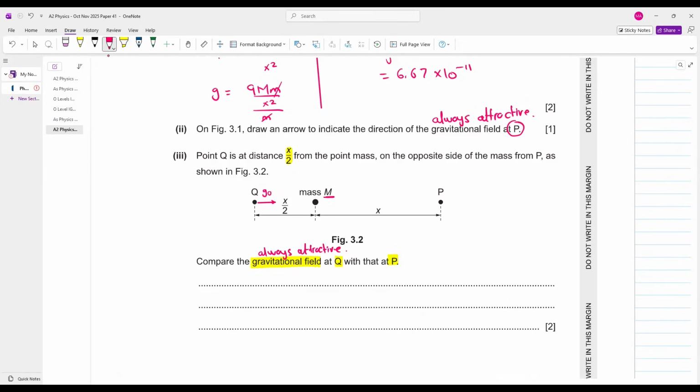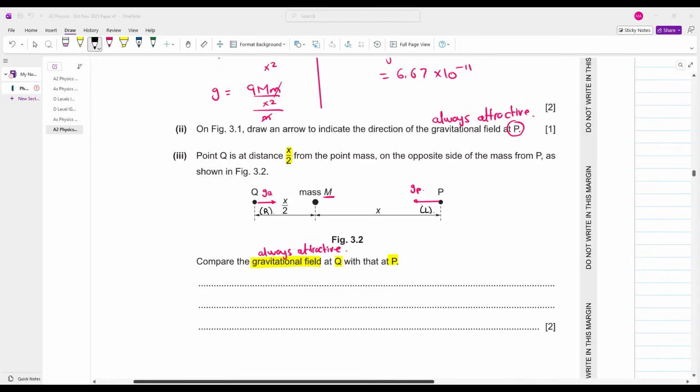This is your gravitational field strength at Q. This capital M will also attract P. This is the gravitational field strength at P. Can you realize both the gravitational fields are acting in opposite direction? The gravitational field at Q is acting towards the right. The gravitational field at P is acting towards the left.